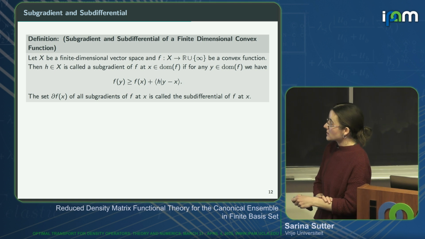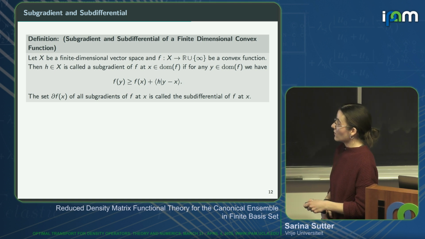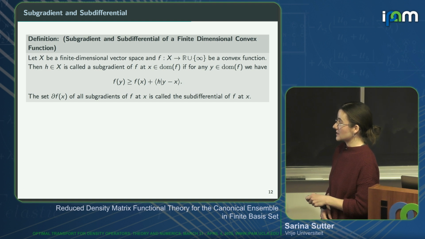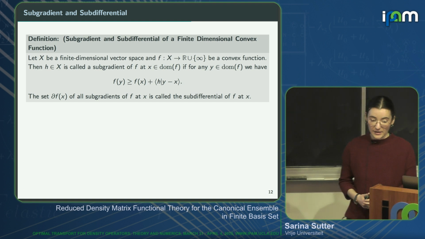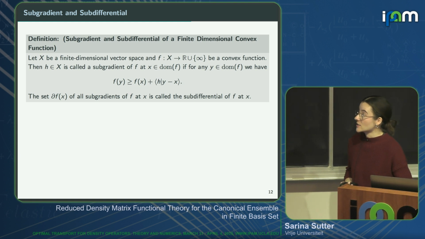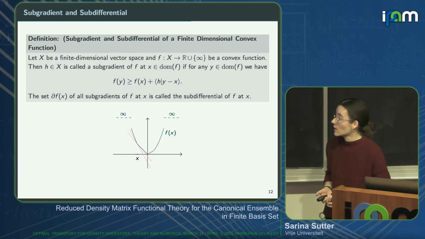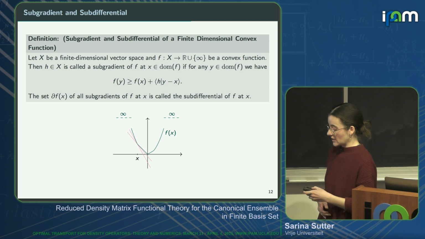This is just the inner product. The set of all elements which satisfy the inequality is called the subdifferential, and one element of this set is called a subgradient of the function f at point x.